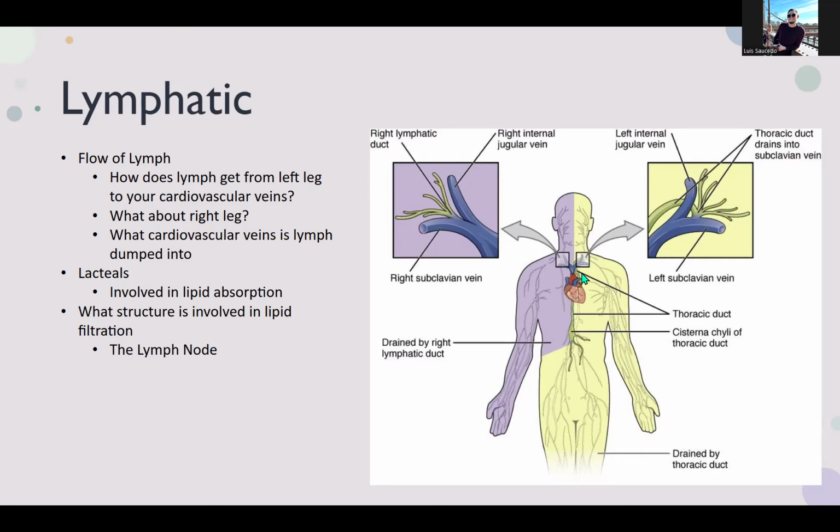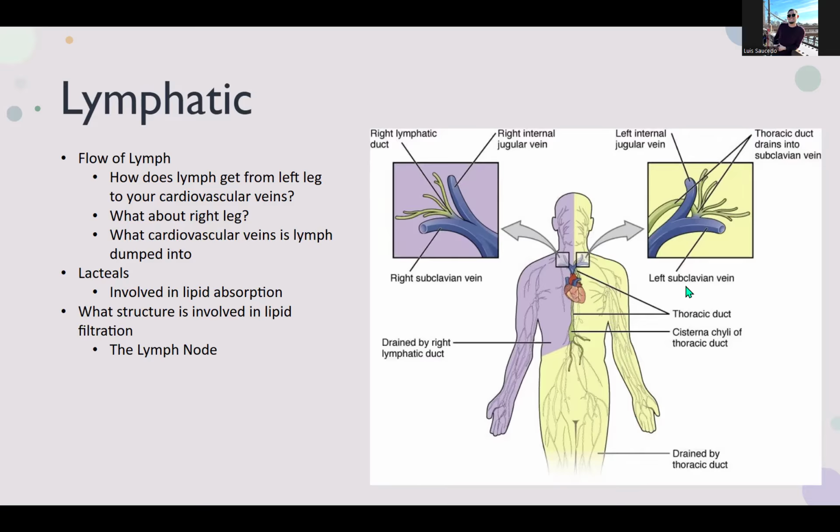And then the thoracic duct will get lymph from both legs, your abdomen, the left torso, left arm, left side of the head. Dr. Curley covered this yesterday, knowing the flow, the tracing, if you will, of the lymph. So take a look at that in your notes.